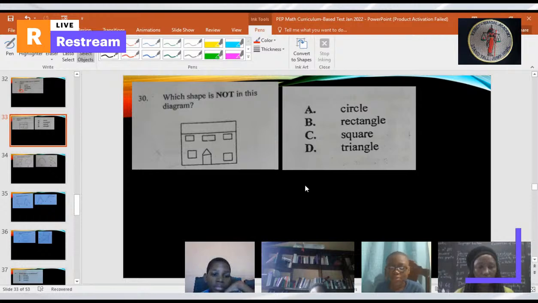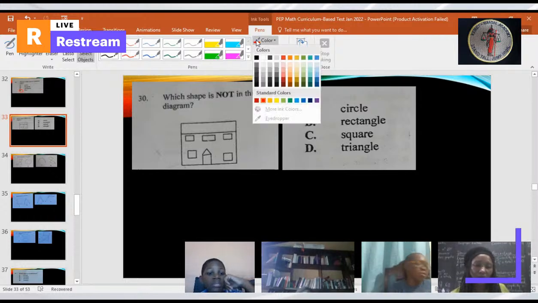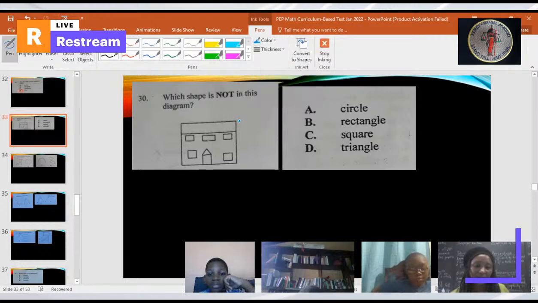Which shape is not in this diagram? Miss, I would say the circle, Miss, A. All right, so we can see that's the rectangle there, and these are rectangles also. We can see a triangle here. We can see a square. All right, so there's no circle.